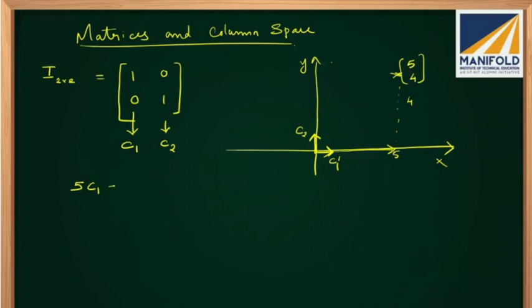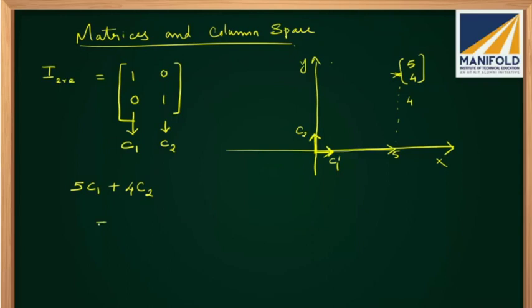And if I take 4 times C2, what happens? The direction of C2 is simply upward. It will not change its direction, but it will change the magnitude by 4 units.